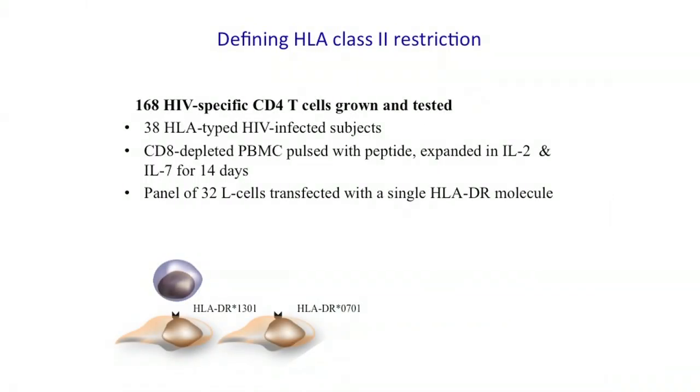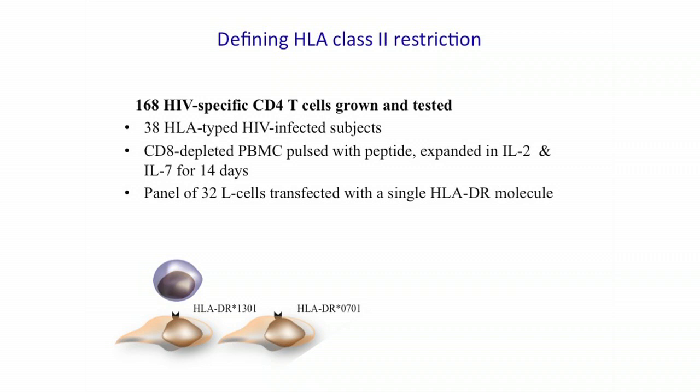So what we did is, from the first study, what I showed you with the different protein specificities, we generated over 168 HIV-specific CD4 T cell lines from 38 patients, and generated fibroblasts that were transfected with one single HLA-DR allele, to determine whether the CD4 T cell line is restricted by one or the other allele.